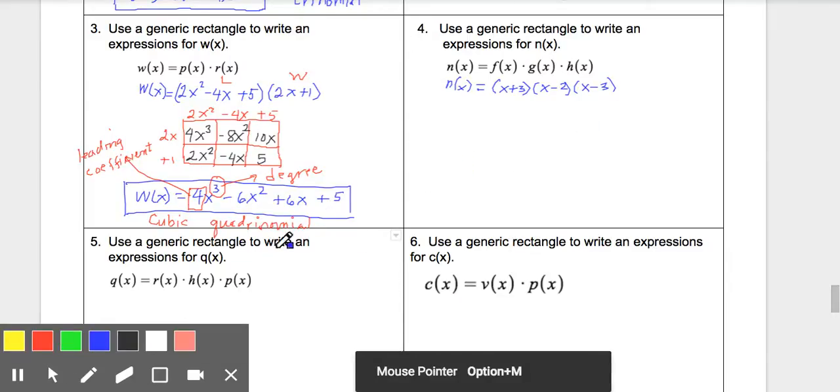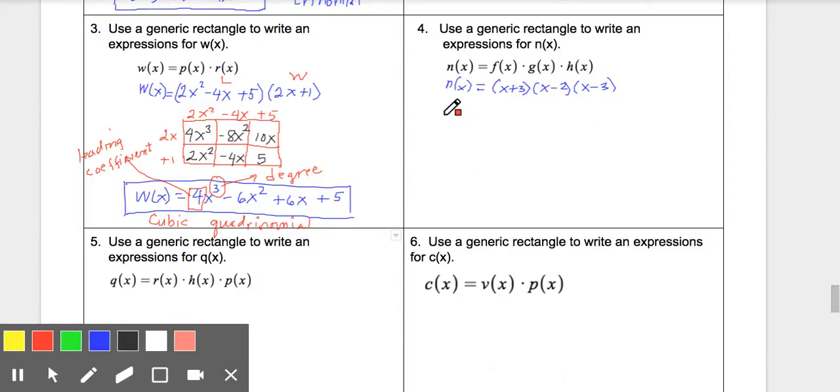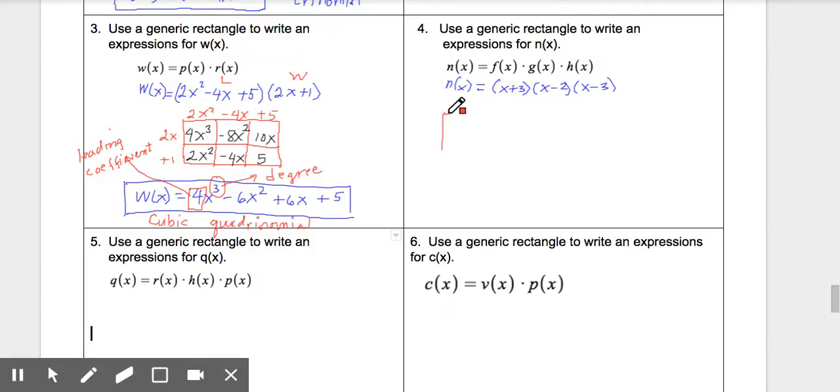So let's make a rectangle to find the product of the first 2 binomials. Here the length is x plus 3. That's my first binomial. And the second binomial will go to the width, which is x minus 2.